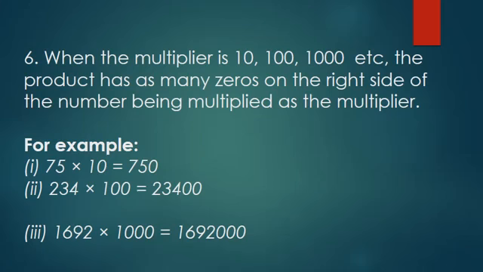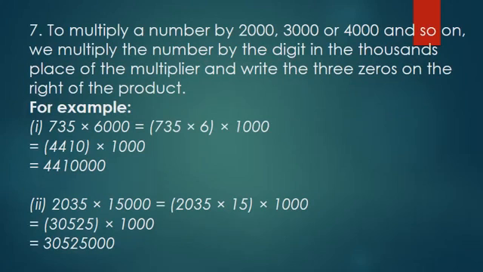And here third one, see children, if the number is multiplied by 10,000 and 100, what you have to do is put the same zeros in the number as given in the example.